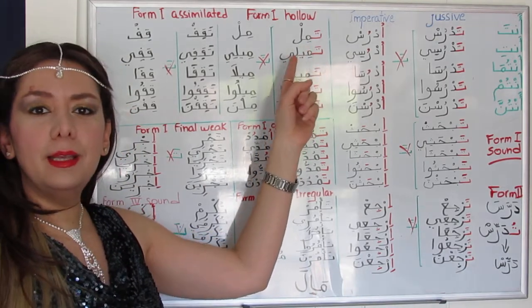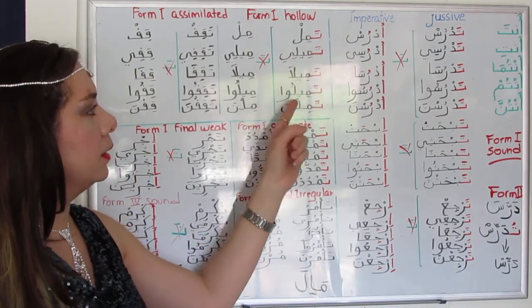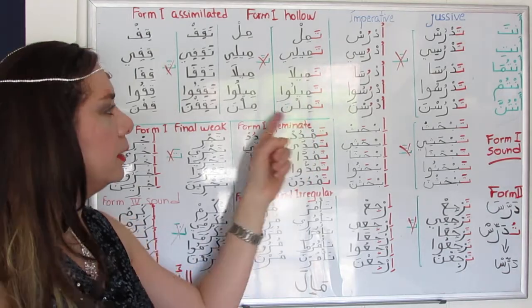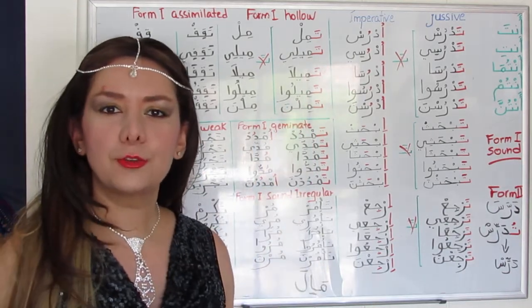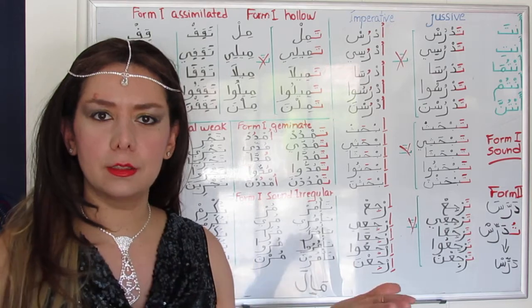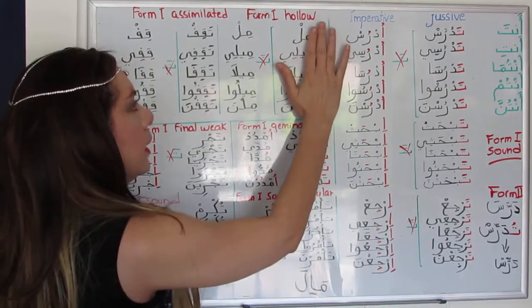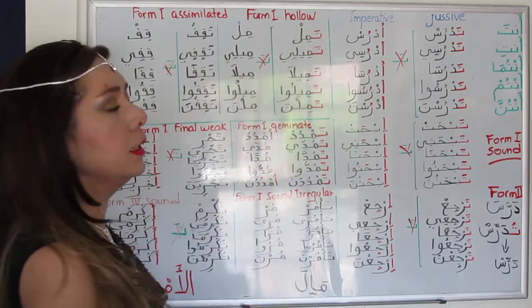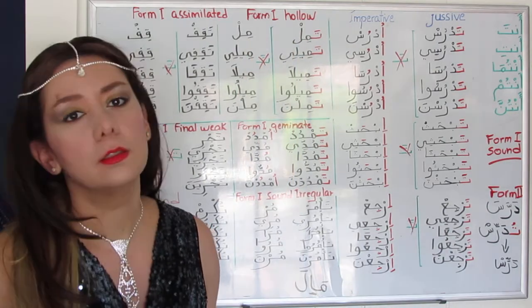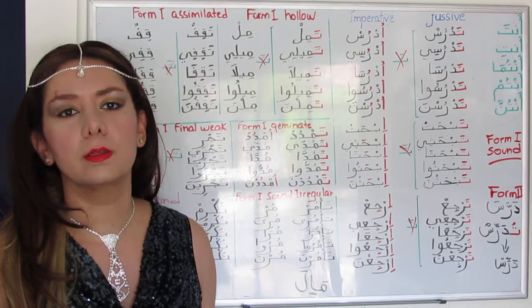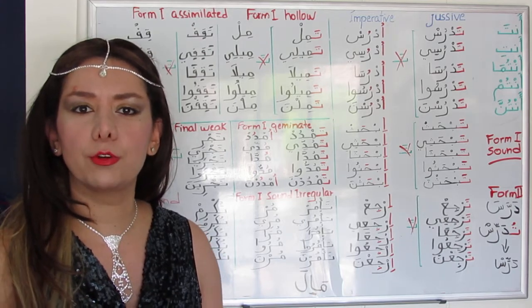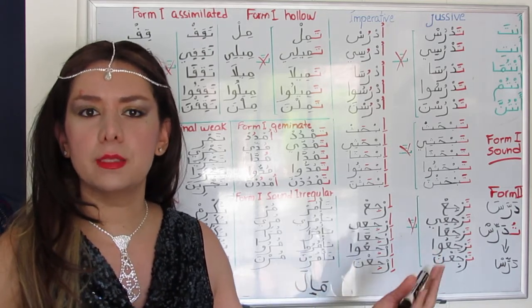Tamil, tamili, tamila, tamilu, tamilna. Let's start with the first step. We delete the prefix ta. What is left? Mil. And here, mil starts with the kasra, so it's acceptable. We don't need any support from Miss Hamza.